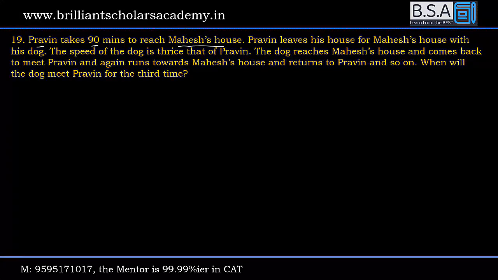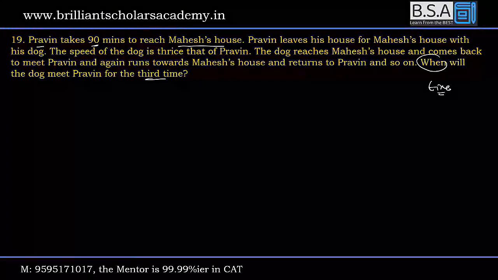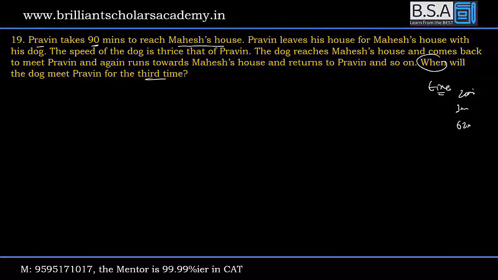When will the dog meet Praveen for the third time? The question is when. When means time. When will the dog meet? So you can answer it as 20 minutes they'll meet, 30 minutes they will meet, 62 minutes they will meet, and so on, so on. Give it a try.